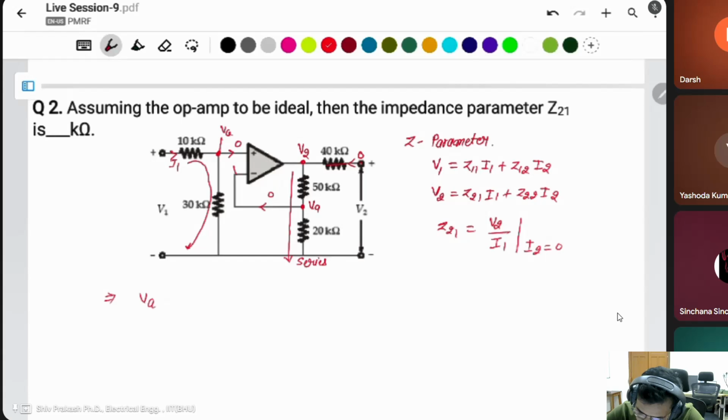VA is equal to, these two are connected in series. It means you can apply the voltage divider: total voltage V1 times 30k divided by the total resistance. Total resistance will be 40. This will be 3 by 4 V1.